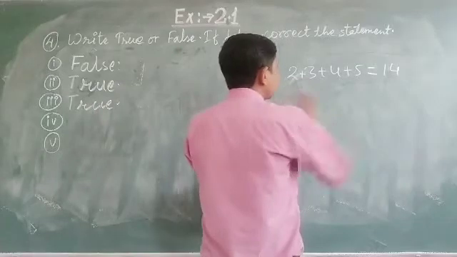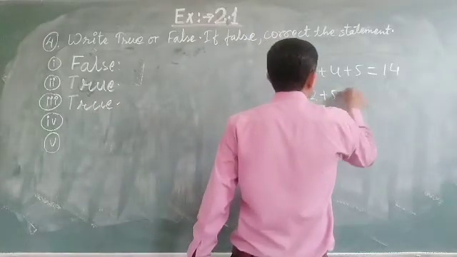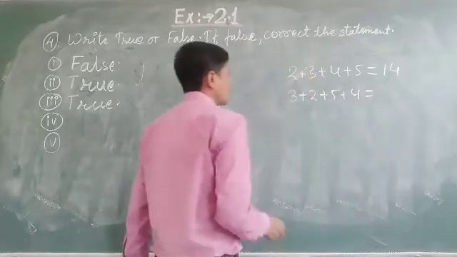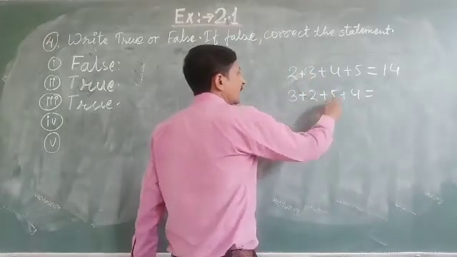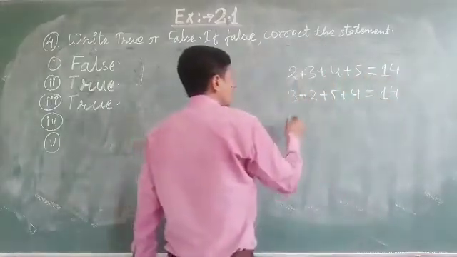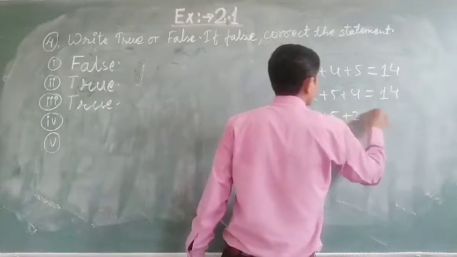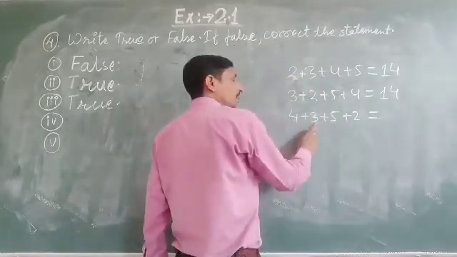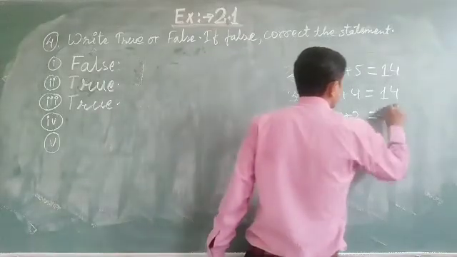Now if we change the order, that means 3 plus 2 plus 5 plus 4. Now you see 3 plus 2, 5, 5 plus 5, 10, 10 plus 4, 14. Again we change the order, that is 4 plus 3 plus 5 plus 2. That means 4 plus 3, 7, 7 plus 5, 12, 12 plus 2, 14.